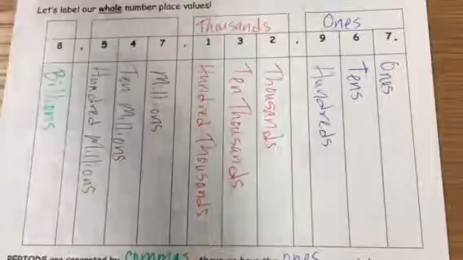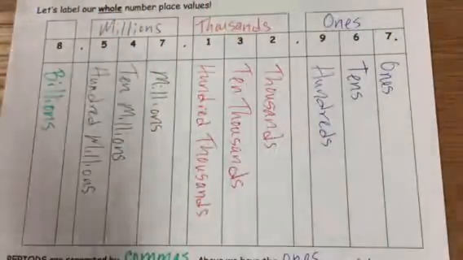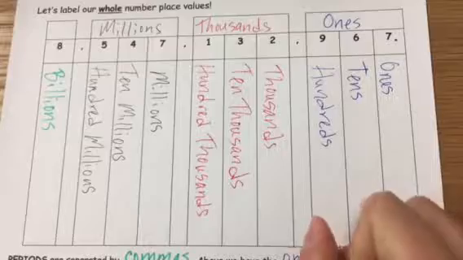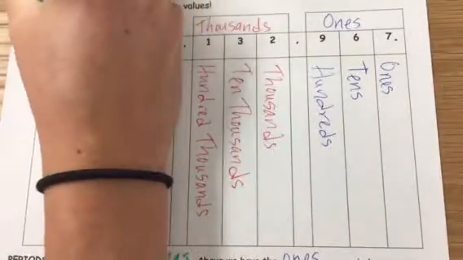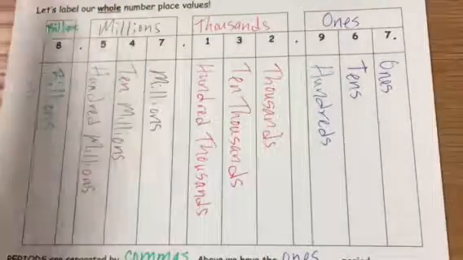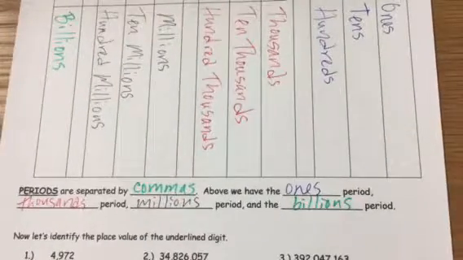As we move to the left in black, we have our millions period. And as we move further left, we have our billions period. Sorry that this rectangle is a little small. Our billions. And again, billions would extend out, and we'd have 10 billions and 100 billions as well.